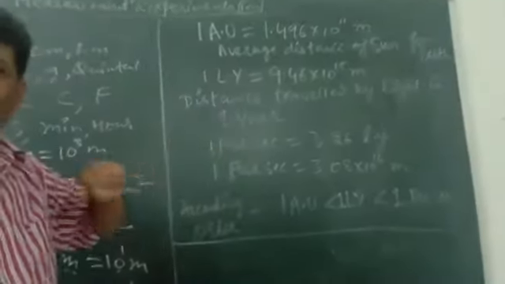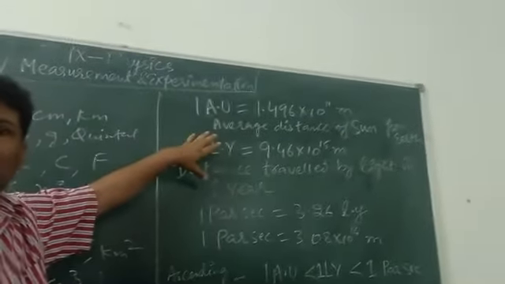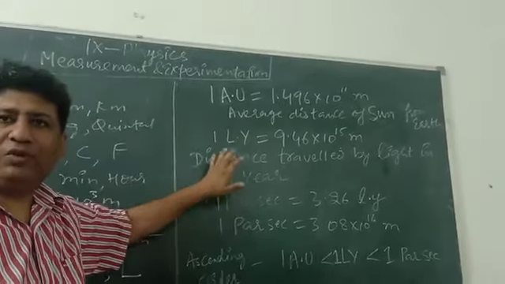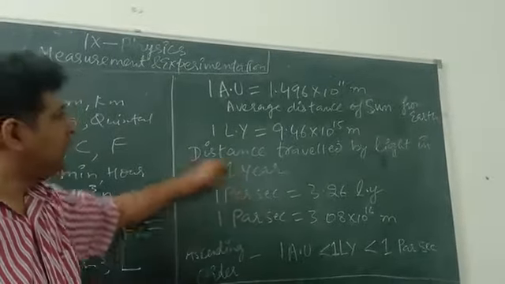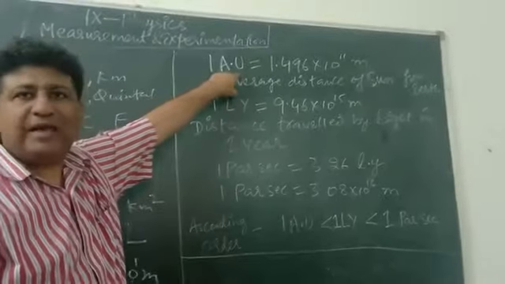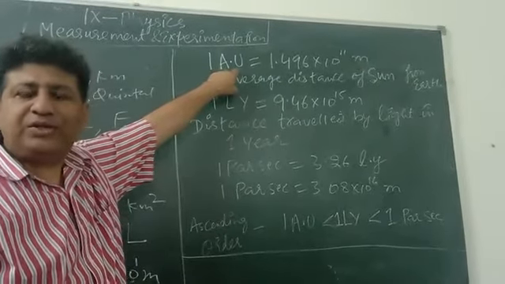And just to finish off this video lecture, I just want you to pay attention to this. This is very important, and 1 mark question please would come from this segment. This AU stands for astronomical unit.